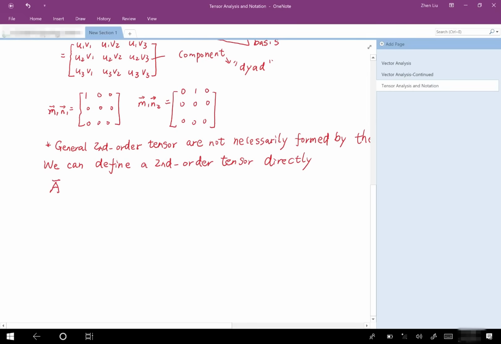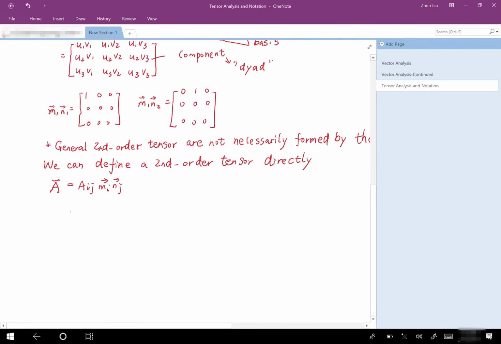Again, I put a bar above it to tell that it is a second order tensor, Aij Mij. So Aij is the component or is the element in the matrix, and Mij, they are the basis vectors.